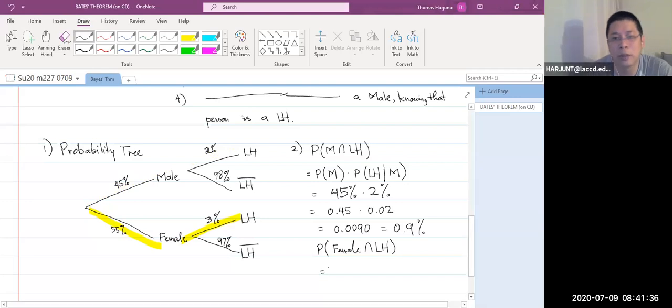So that will be the probability of female times the probability of being left hand, knowing that person is a female.